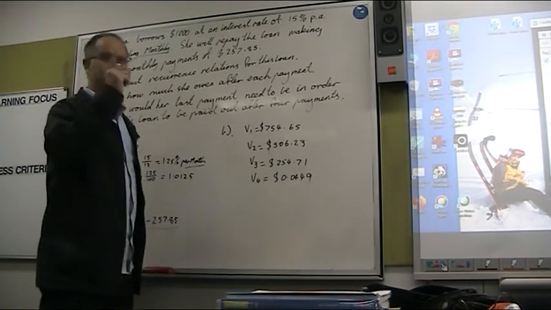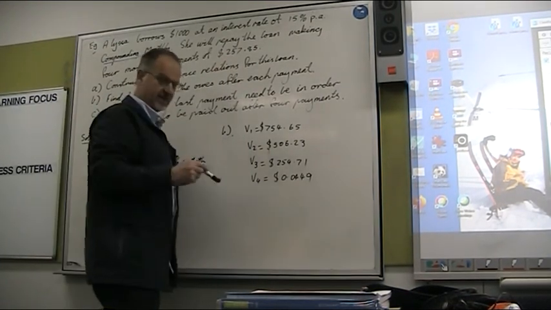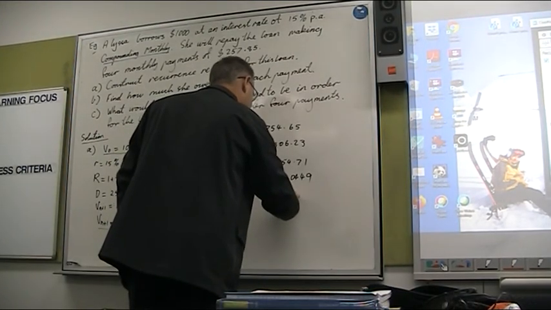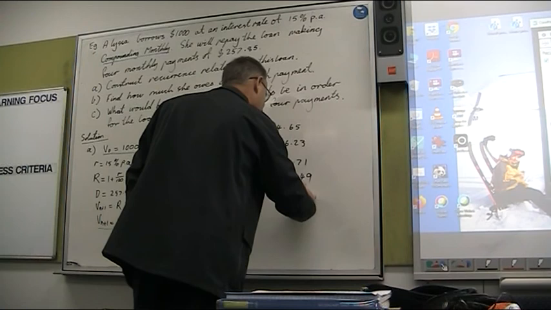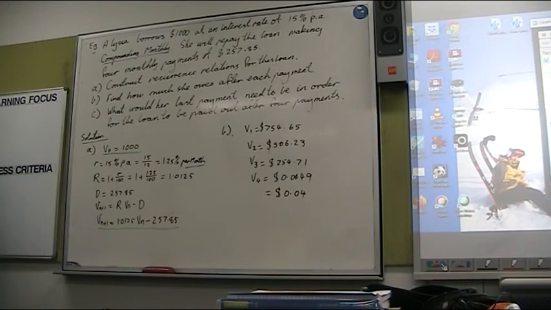It might not say in the question, but because it's dollars and cents, it's automatically assumed that you will give your answer to 2 decimal places. So in this case, $0.04, so she owes 4 cents at the end of the fourth payment.